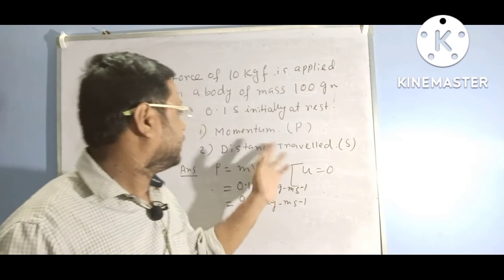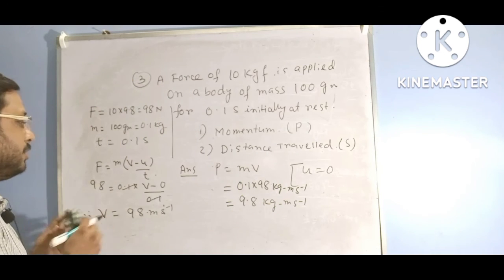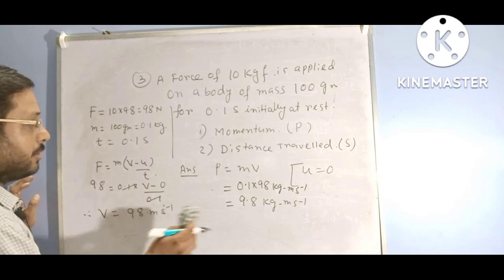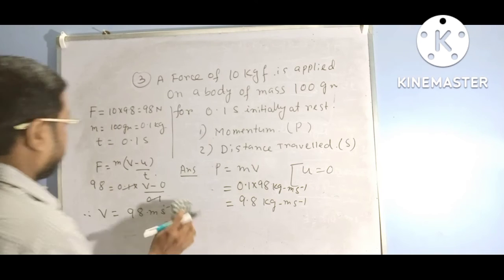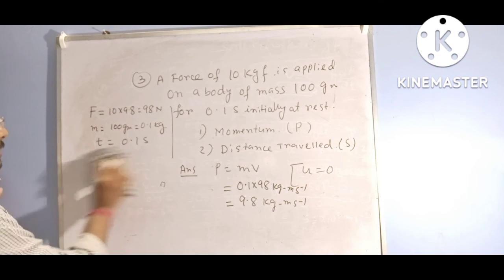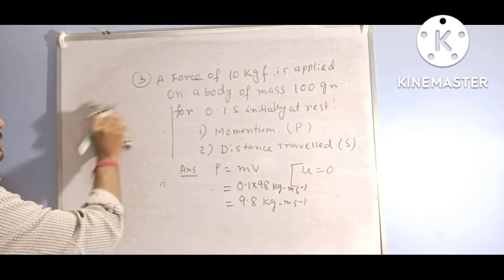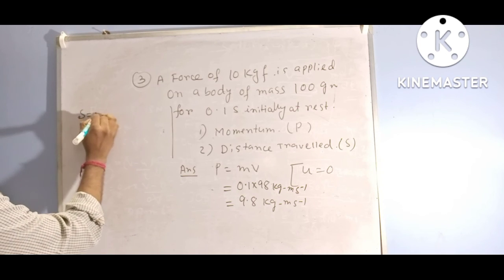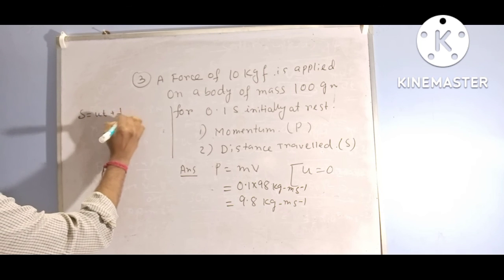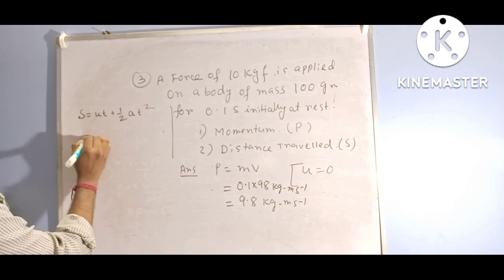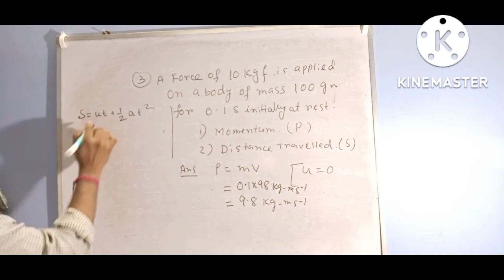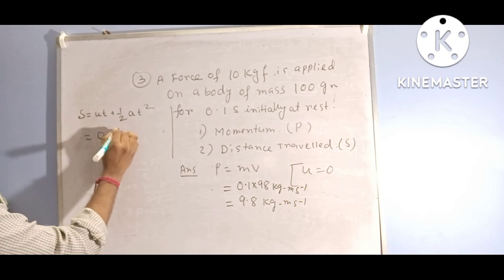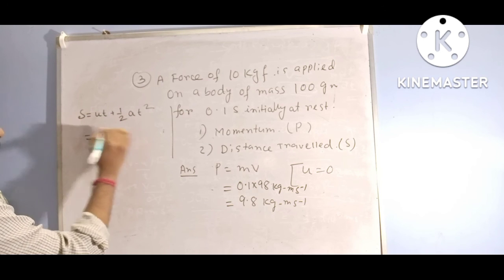And what is the total distance? We can easily find out the distance. S equal to ut plus half a t square, initially at rest. U is 0, so the term ut becomes 0, plus half a t square.